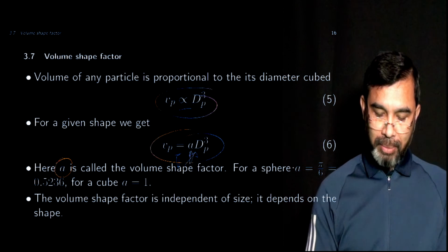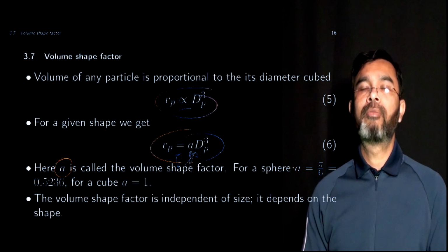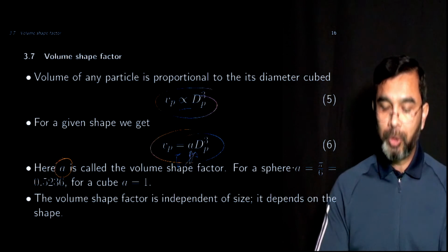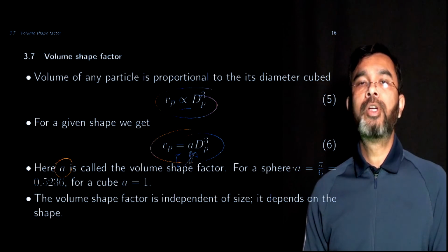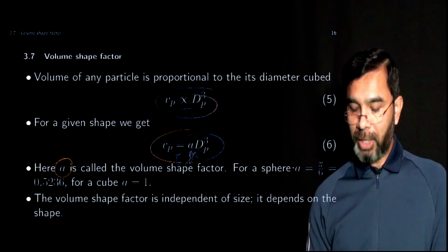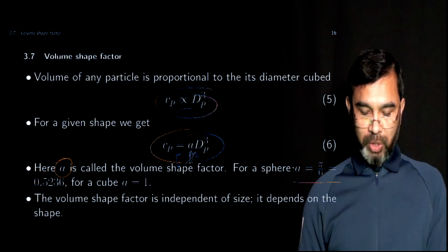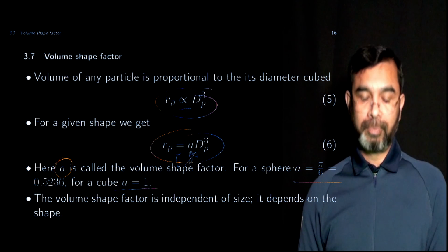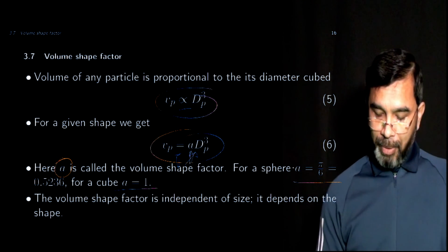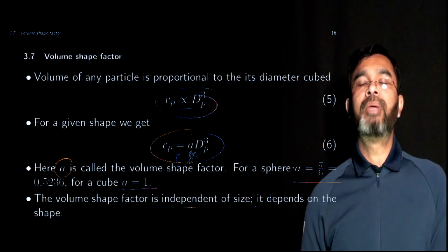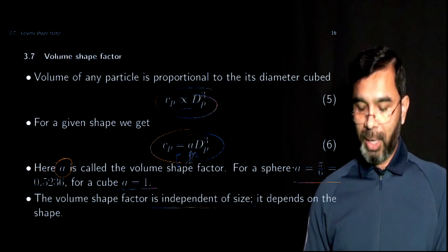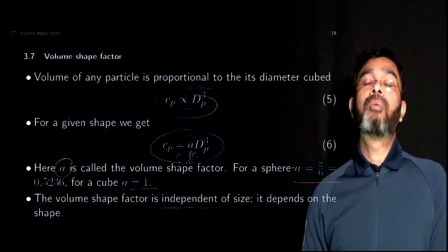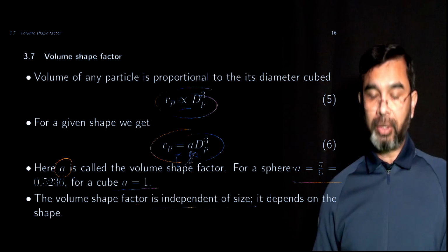Here a is called the volume shape factor, meaning the number that you need to multiply dp cubed by to get the volume. You know that for a sphere it's pi over 6, and for a cube it's 1. The volume shape factor is independent of the size, meaning for any cube it's 1, and for any sphere, independent of its size, the volume shape factor remains the same.